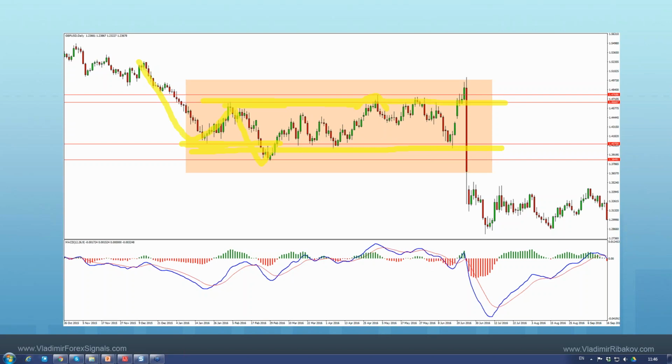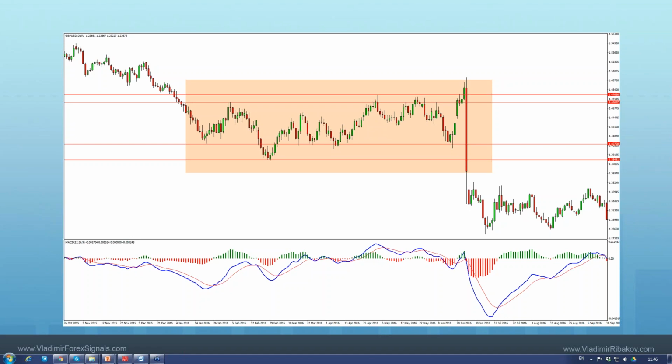An important fact about ranges: they are normally twice as long as the trend. So if that was your trend before, the range could be twice as long, sometimes even more than twice. If that was, I don't know, 30 candles, the range could be 60 or more. Sometimes it would be less, but normally it's twice as big or even more.